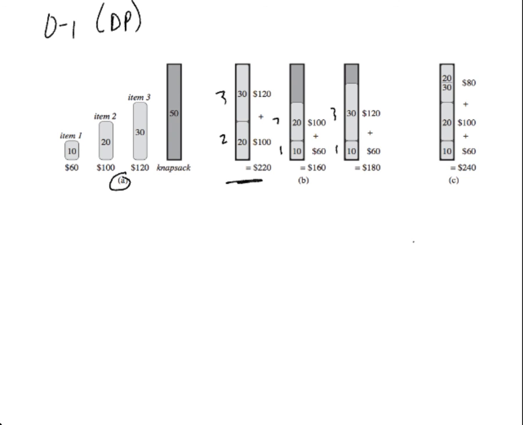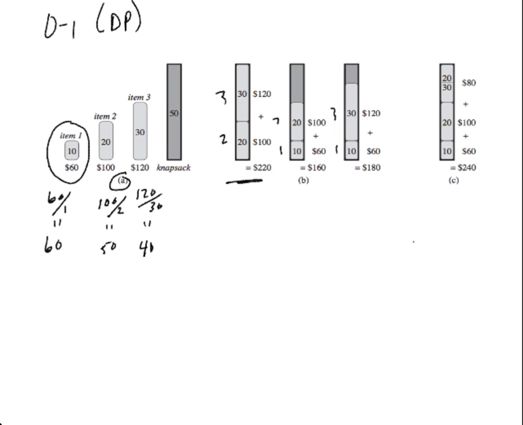Now, the greedy approach we use in the fractional algorithm would say we want to use the item with the most value. So this is $60 over weight 1, which is a value of 60. This is $100 over weight 2, which is a value of 50, or a value per pound. And then the third item is $120 over 30, which is equal to $40 per pound.